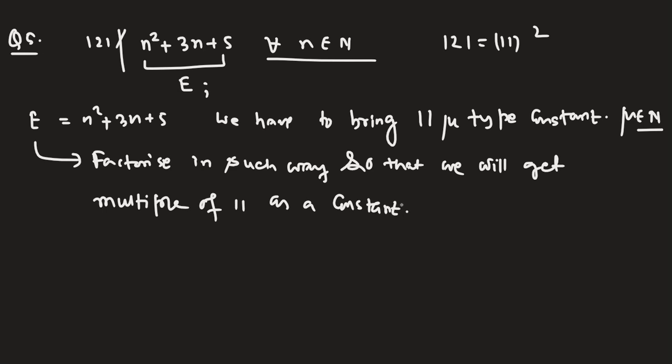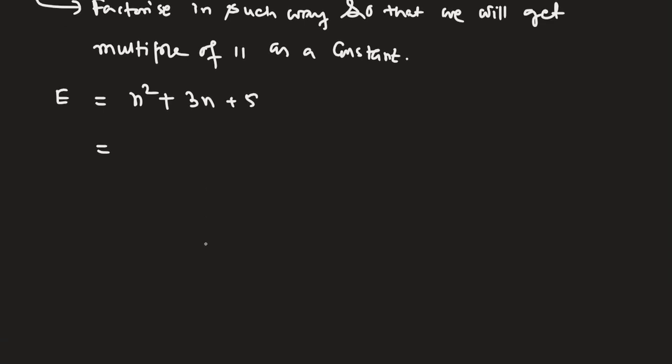Now this expression e, I'm going to write as n square plus 3n plus 5. Here we have to use some trick so that we get a multiple of 11 as a factor.